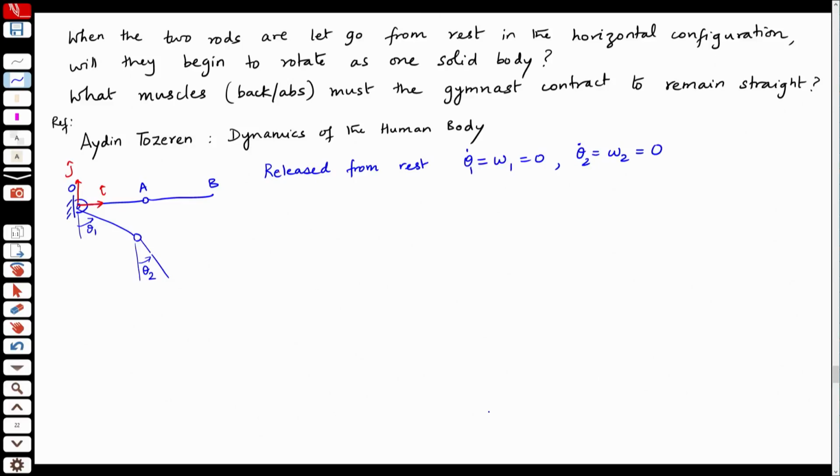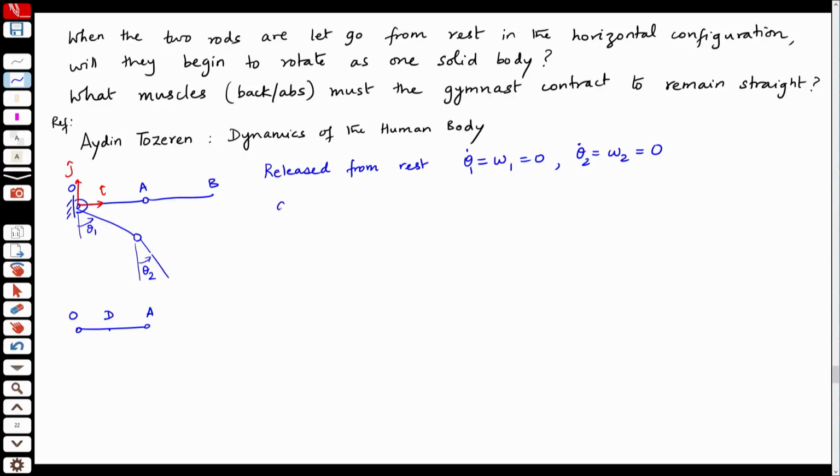Both are released from rest, so omega 1 equal to omega 2 equal to 0. Now, let me call the center of mass, if I look at this rod OA, I will call the center of mass D.